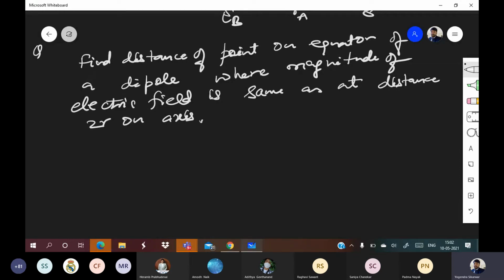Okay, everyone, please pay attention. Enough time given. The question says find distance of point on equator of a dipole. Suppose the dipole is P. So E equator is Kp upon R1 cube.